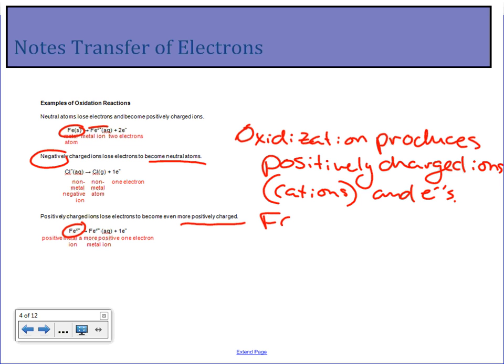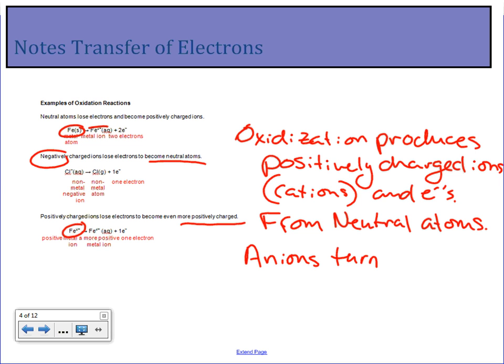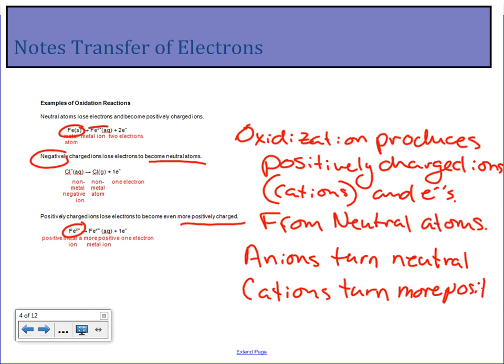This is only from neutral atoms. If we've got anions, they turn neutral, and cations turn more positive. Okay?